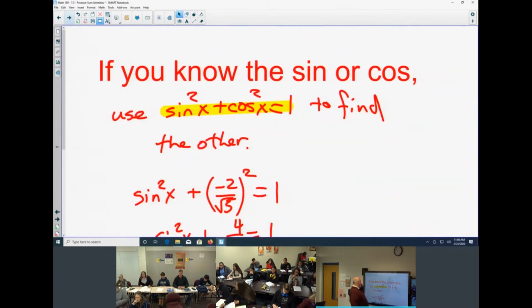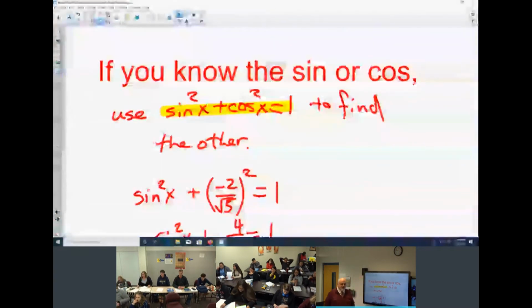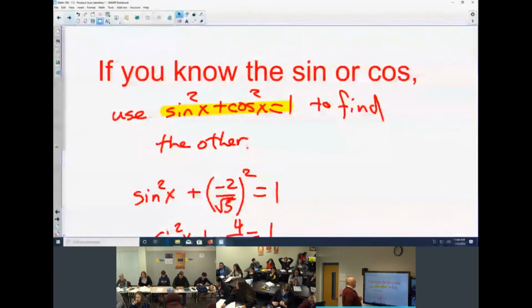So, now one thing that's going to help us, there's a couple of little tricks here. One of them is if you know the sine or the cosine, to find the other, you can either use a triangle or you can use the Pythagorean identity. See, we've always used triangles up to this point to find the other trig functions. But you can also use the fact that sine squared plus cosine squared equals 1.